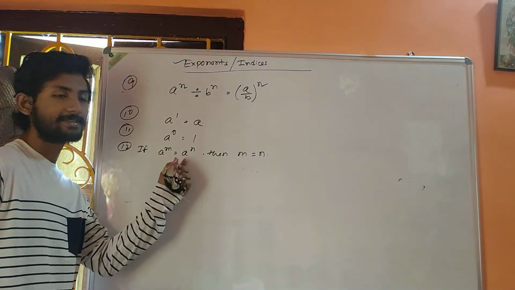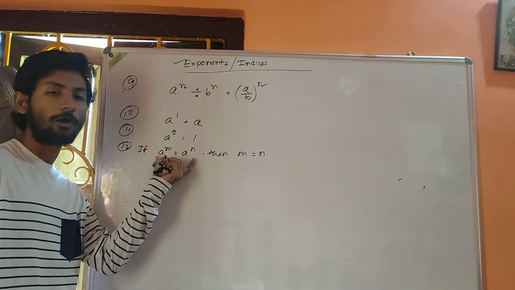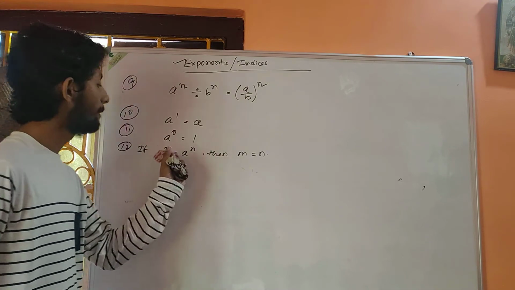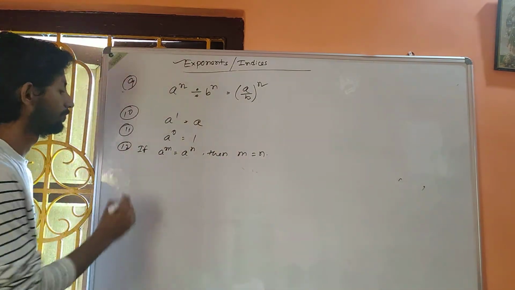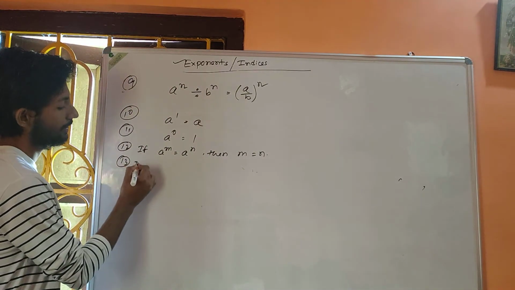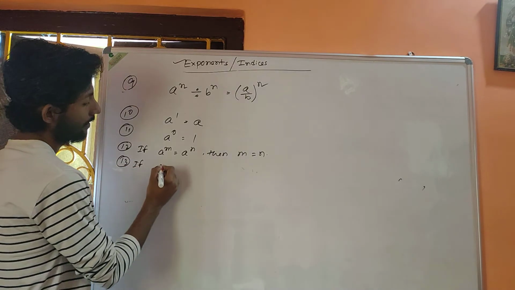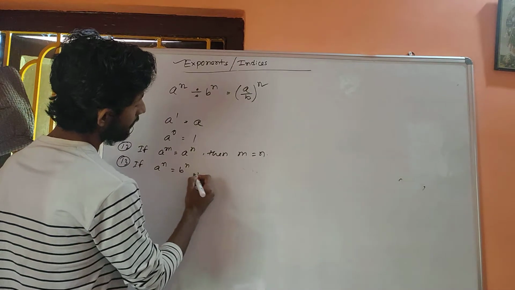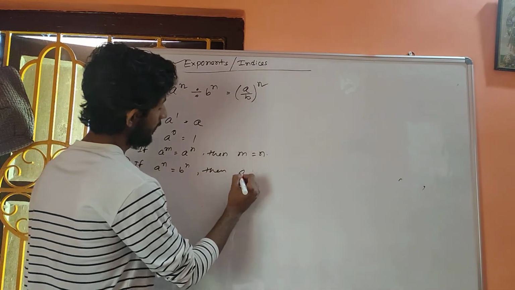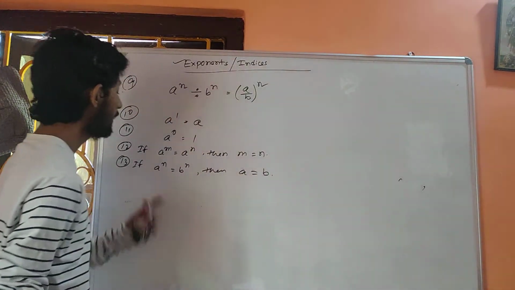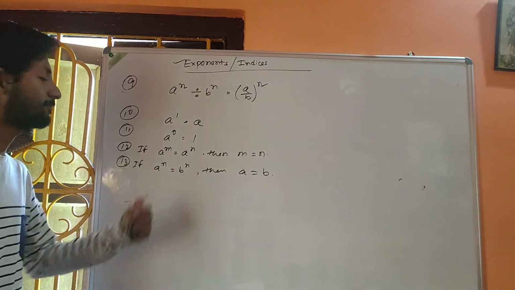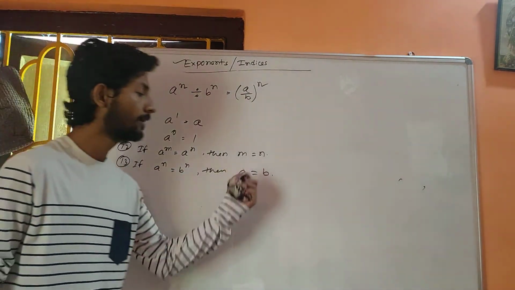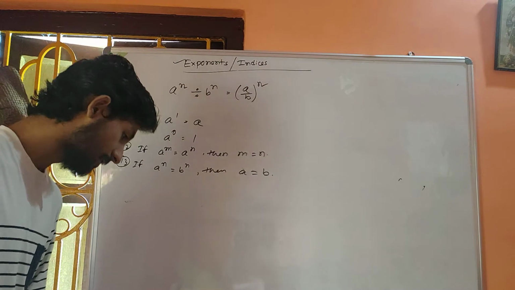If bases are same and the exponential forms are same, then powers are also same. Number 13, if a to the power n equals b to the power n, then a equals b. If powers are same and exponential forms are same, then bases are also same.